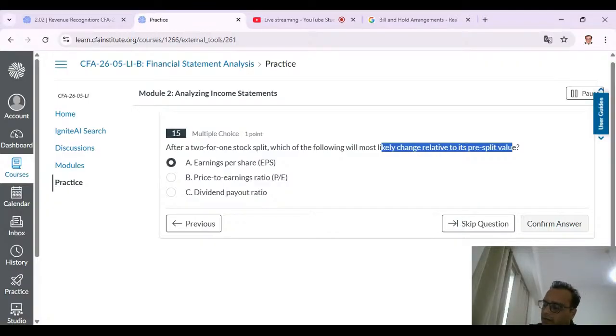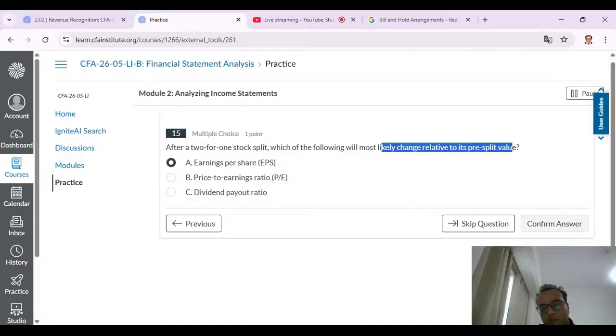Now it will be 20,000, which is 0.5. So my earning per share is reducing, but in terms of overall value, it will still be the same because 2 into 0.5 is equal to 1, which is my earlier value.